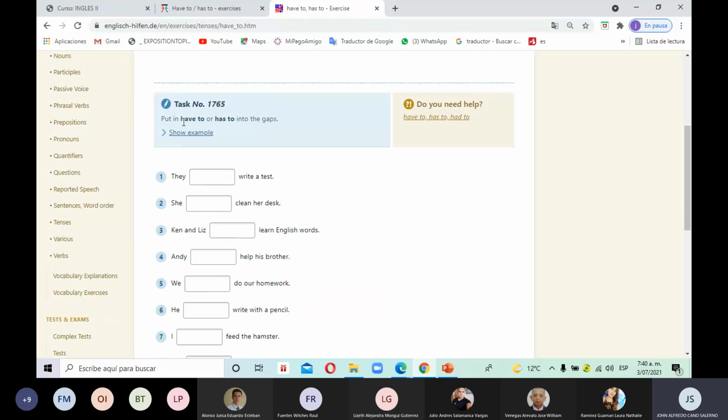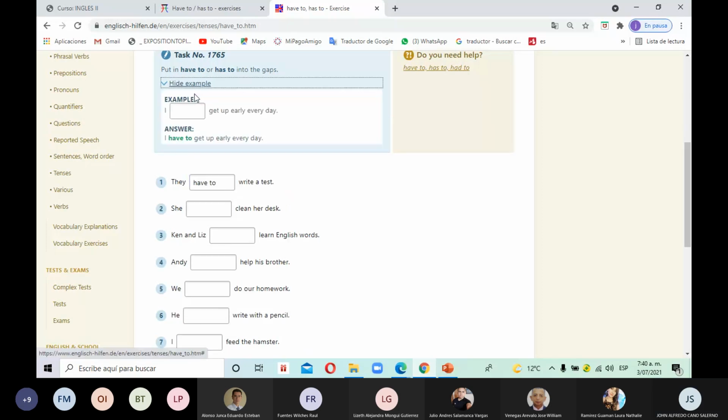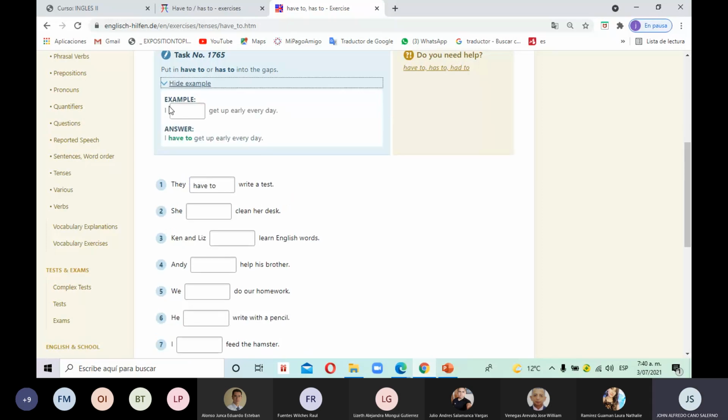Putting have to or has to into the gaps. So what's the idea? You are going to write have to or has to. For example, they have to write, okay? Check the example and the answer.